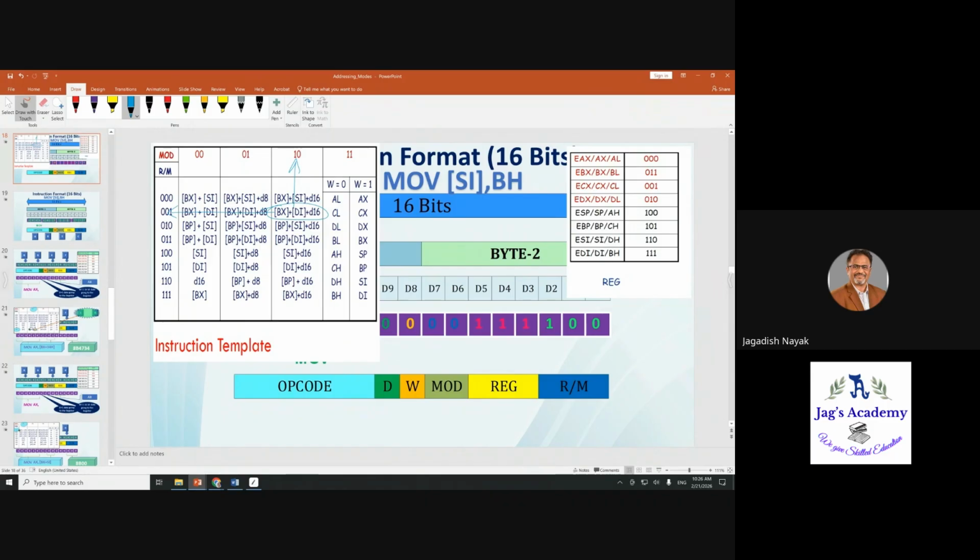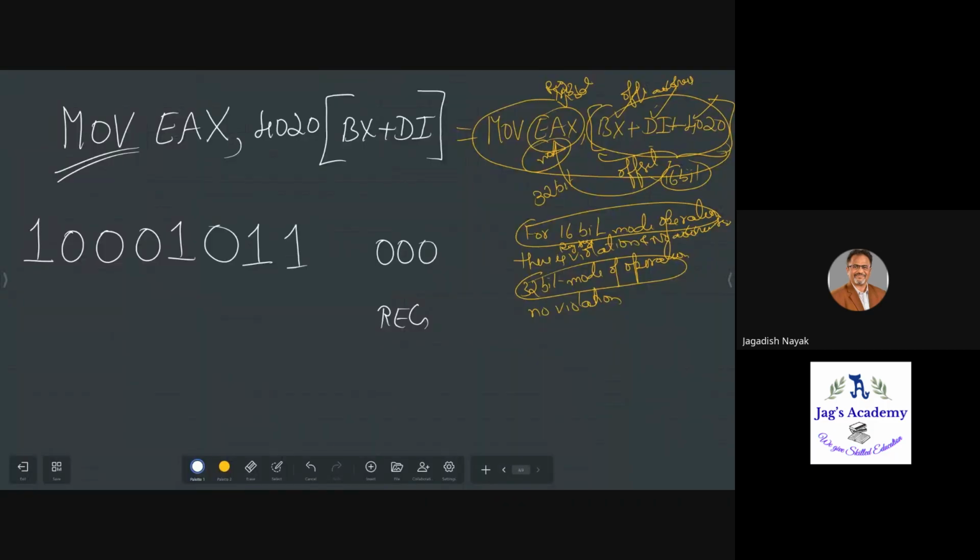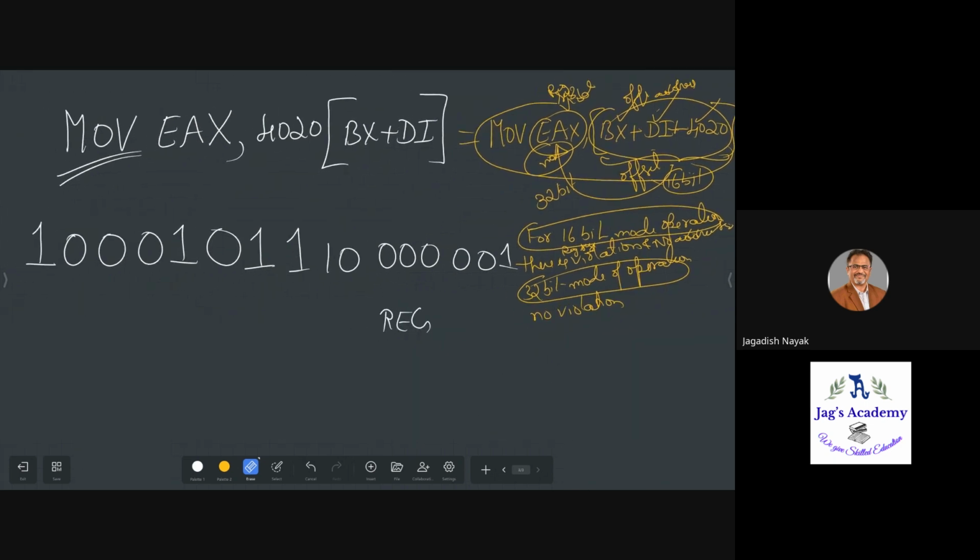So 10001. Right? Now tell me, what is the machine code? Final machine code. I will tell you what prefix you have to put for violation.